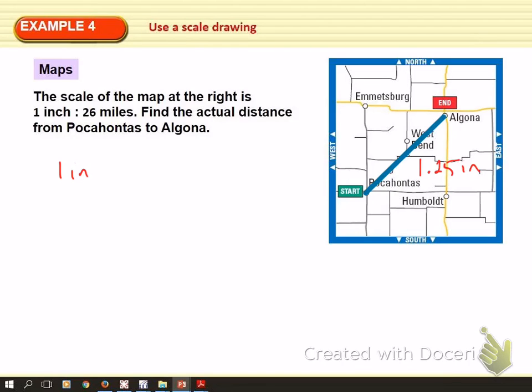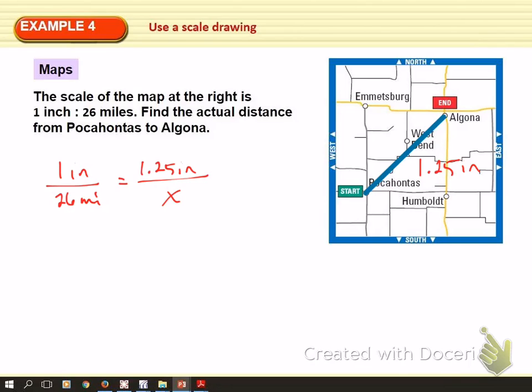Okay? Now, the scale of the map will help us out. 1 inch in the map corresponds to 26 miles of actual distance. Well, that scale needs to apply for anything that we measure in the map. So that ratio should be equal to the ratio of comparing the map distance, which is 1.25 inches, to the actual distance between the two cities, which we don't know. So that's going to be x.